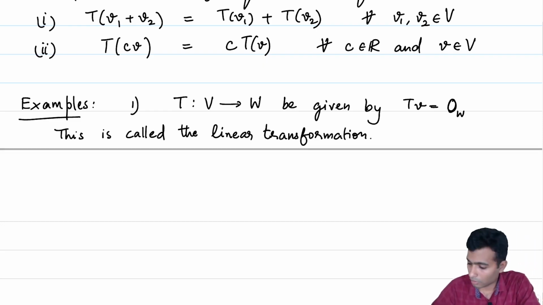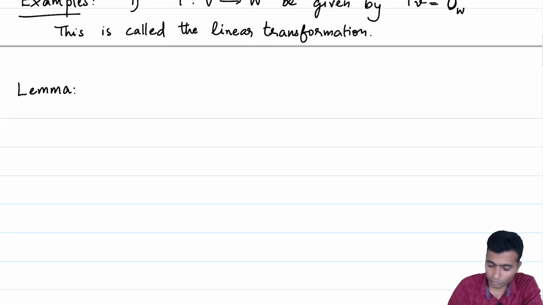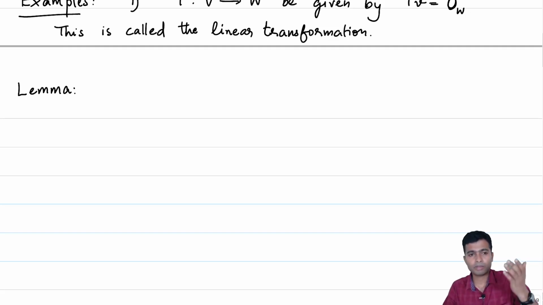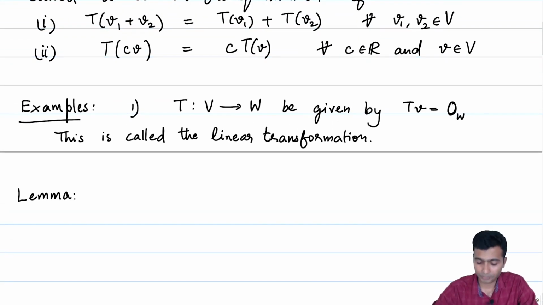Okay, so before we proceed, I would like to maybe state a lemma, which I will leave as an exercise. So when is a function from a vector space V to W a linear transformation? It is a linear transformation if both these conditions are satisfied.